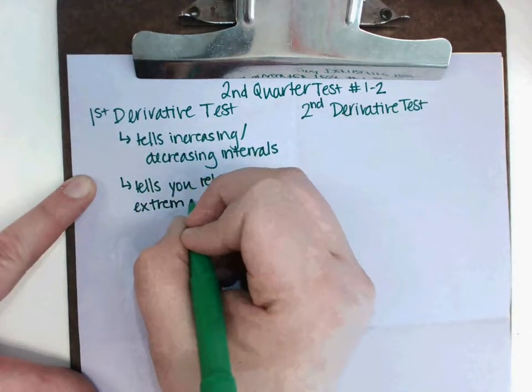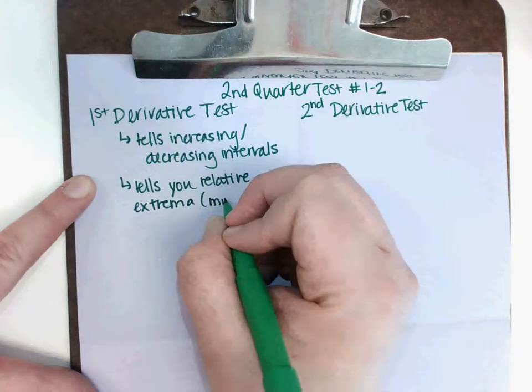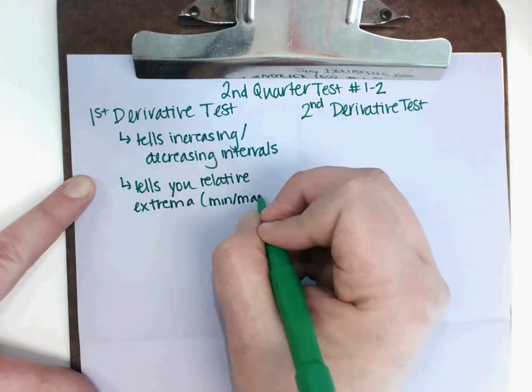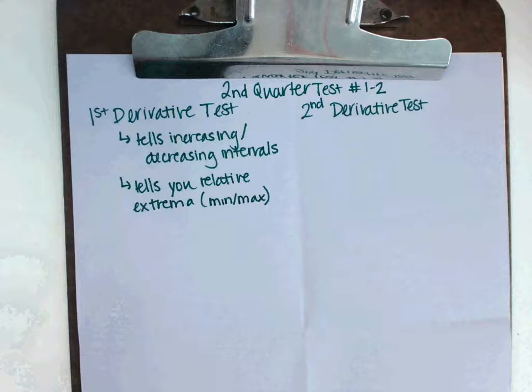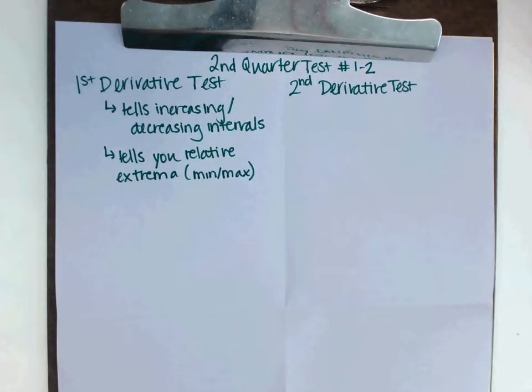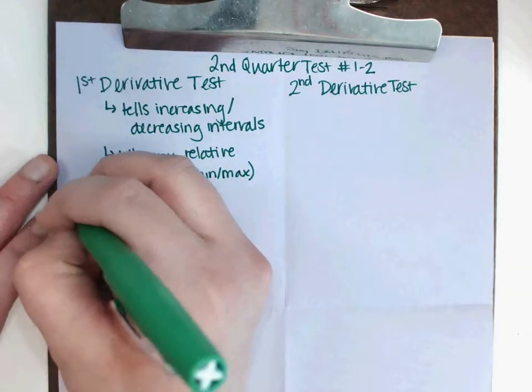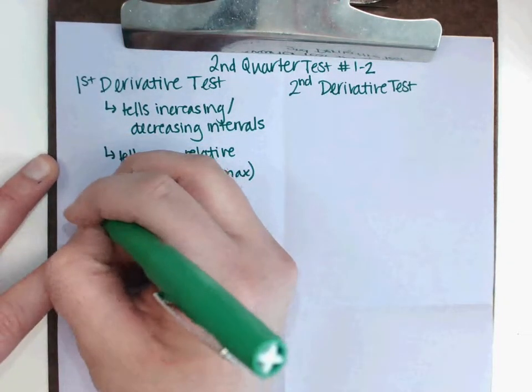And remember, as we've talked about, an extrema is a min or a max. So a first derivative test tells you increasing and decreasing intervals, and a relative min and max values. So step number 1, you're going to take the derivative.